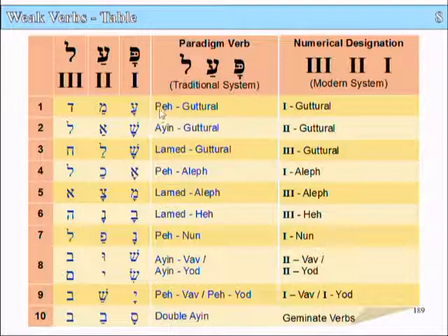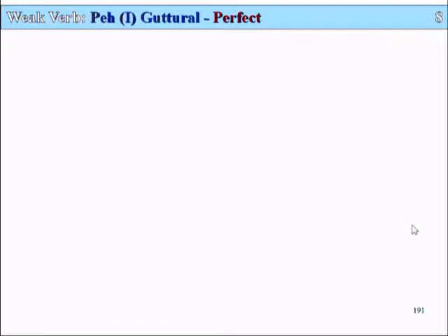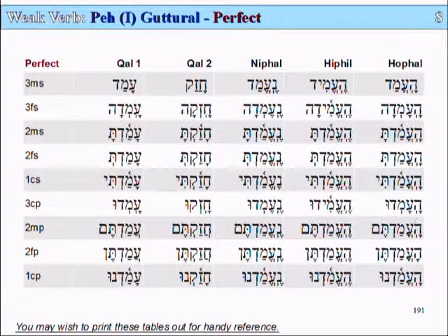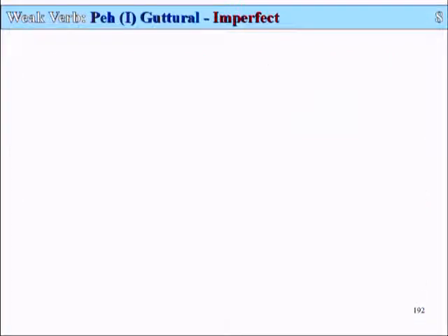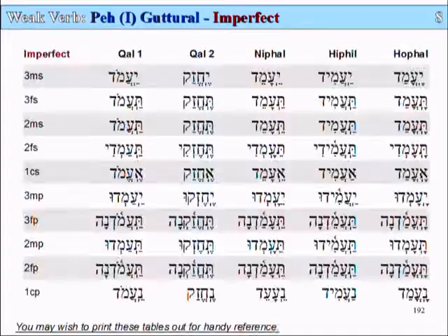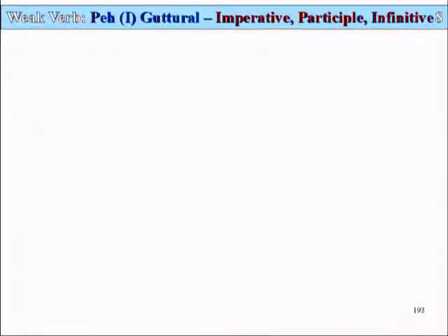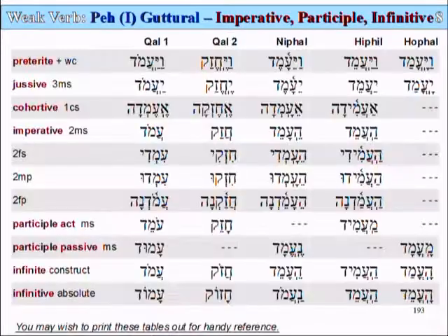So we've just had a look at the Pe guttural, the perfect form, and we'll have a look at the imperfect after that. So here's the perfect, and we'll just skip on to the next page, page 192, and this is the Pe guttural imperfect. And then the Pe guttural imperative, participle, and infinitive, and so forth.